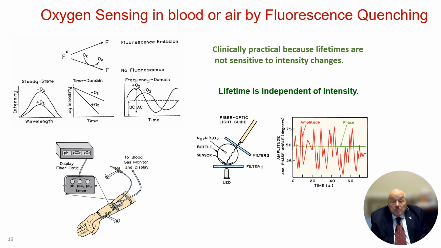So here we were, in fact, running our hand between the light source and the sample and making the intensity go all over the place. We were using the frequency domain method here and measuring the phase angle, and it just stayed dead flat. So that bodes very well for the use of lifetimes in sensing.